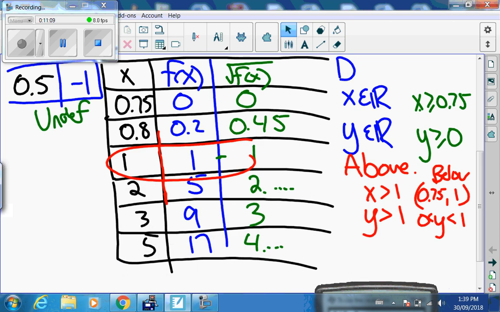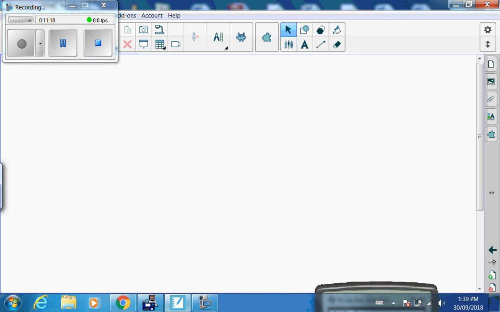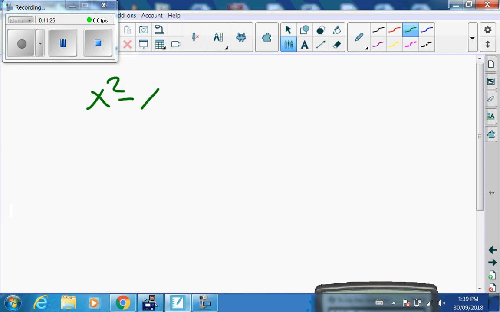All right, on to example 2. Now we're going to do the same thing, but with y equals x squared plus x minus 6.